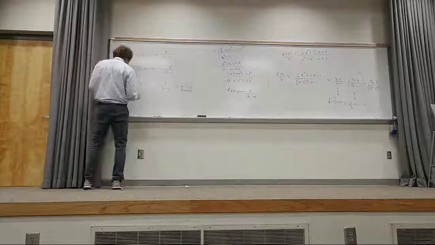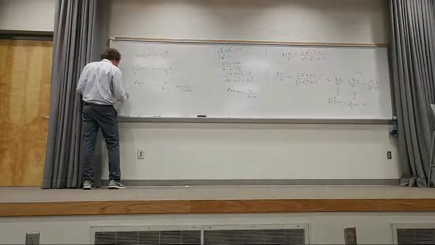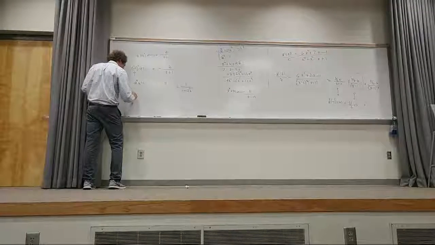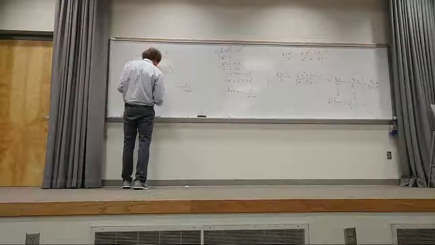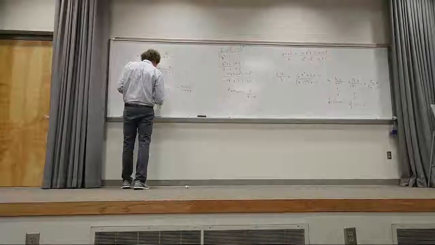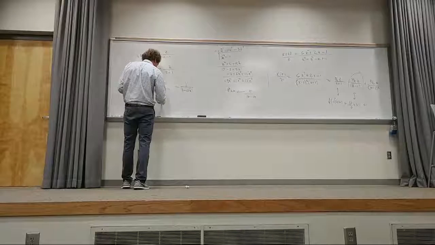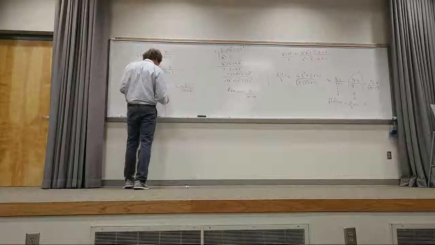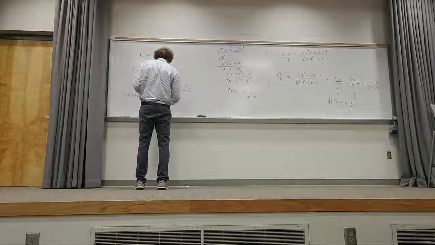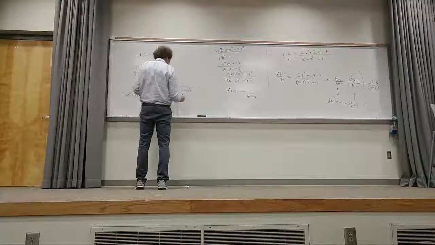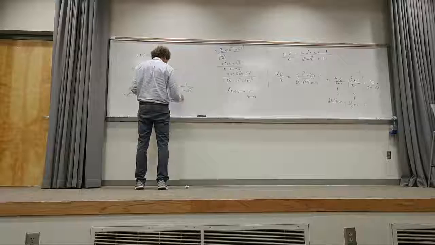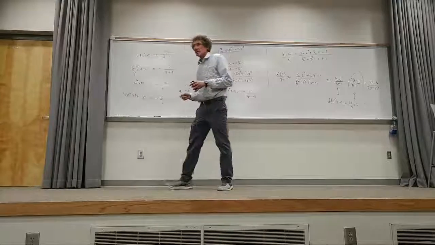Now what happens if I have n times a to the n, u of n? People, now it's going to be what? Minus z times the derivative with respect to z of z over z minus a, one way to write it, or just the derivative of that. Do you agree with me, class?